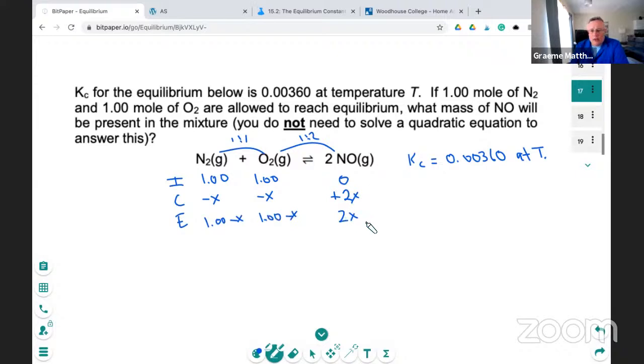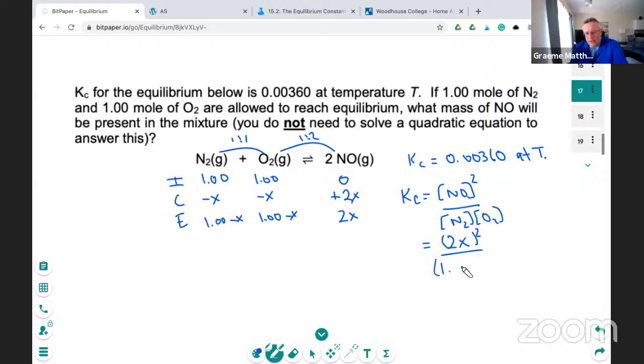I write down my mass action expression, my Kc. Always put everything down in chemistry, so you make sure you get all the points. It's NO squared over N2 times O2. I'm going to write out 2x squared over 1 minus x times 1 minus x, to make sure the examiner knows I know exactly what I'm doing. You could just square it, but you've got to make sure you get all the points you can.